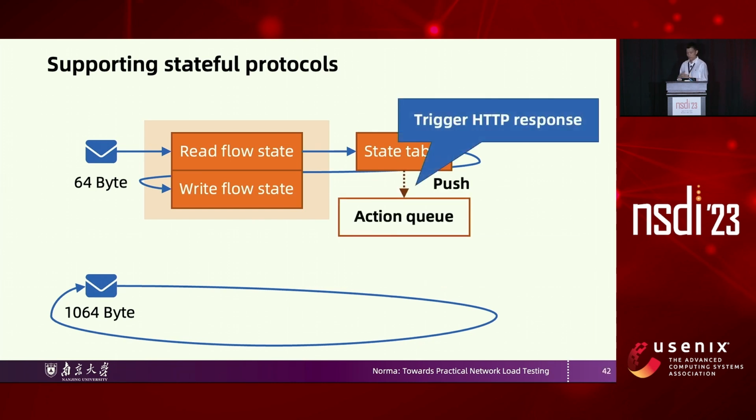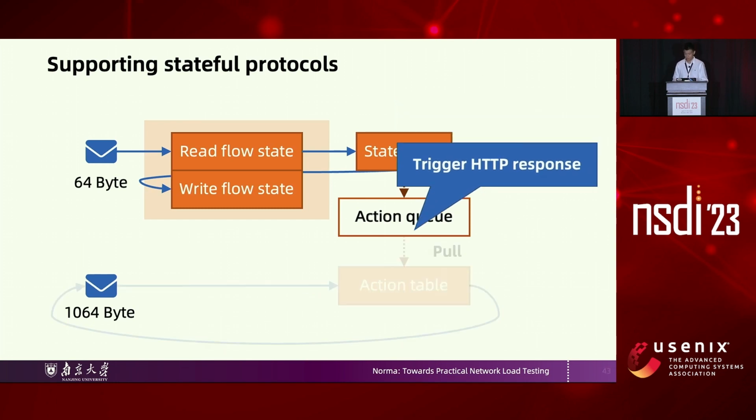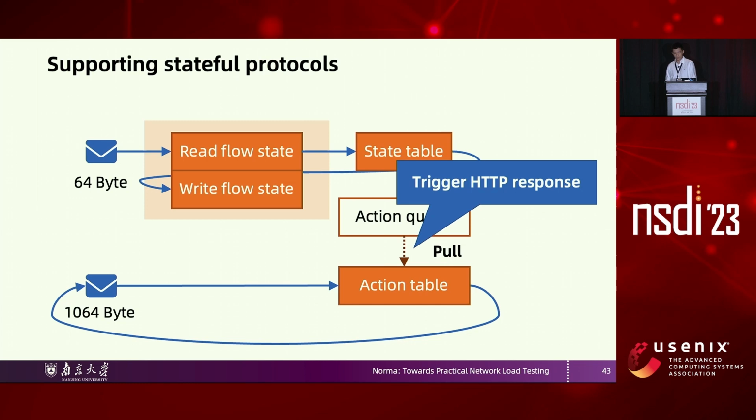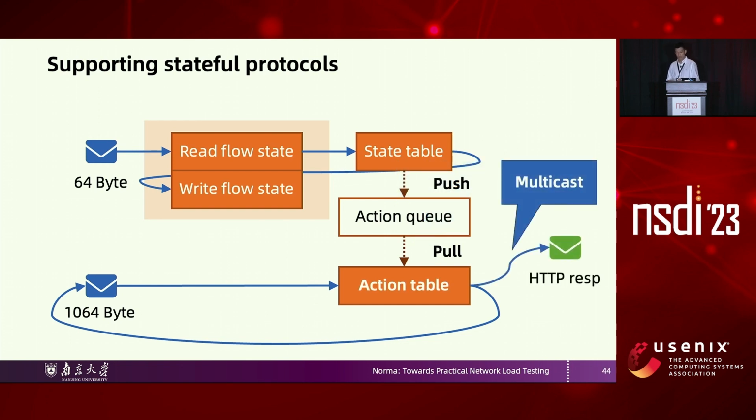Then we tell the looping packet what to do with a queue. The looping packet will pull the queue, and then we'll know what action should be executed. And after executing the action, the switch sends the packet out via multicast.